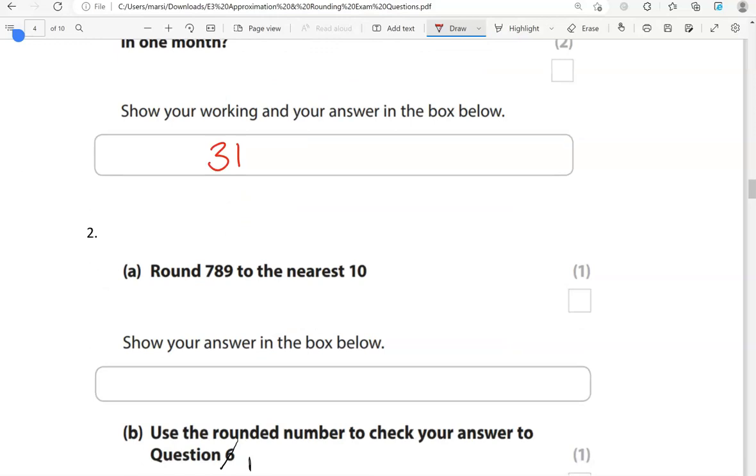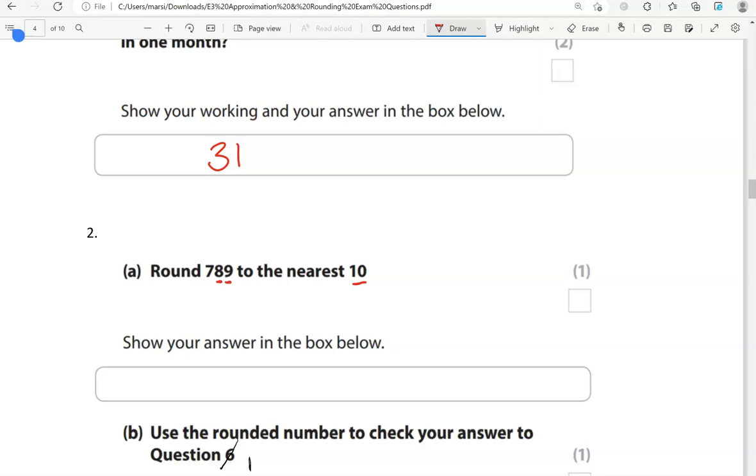Round 789 to the nearest 10. So we first locate the tens digit, 789. So 8 represents the tens.